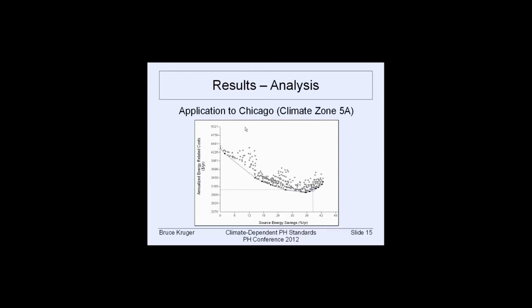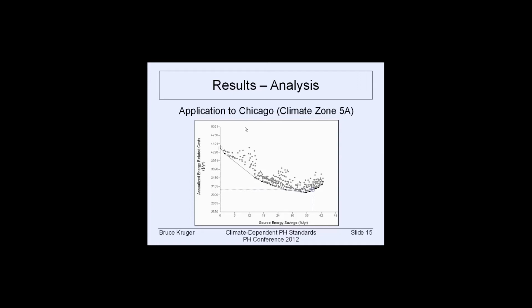In essence, what I did was find the minimum cost point and move out as far as I could to the right, as long as I was staying within $100 per year. More graphically, I'm just looking at a small region around that minimum cost point and pulling out the highest performance building out of all the buildings chosen.